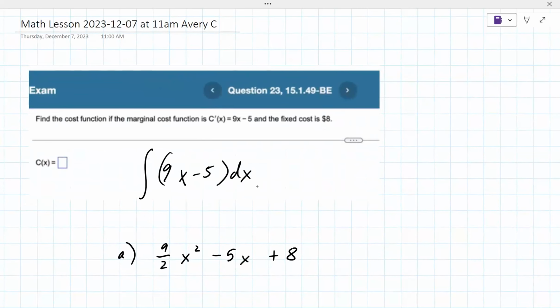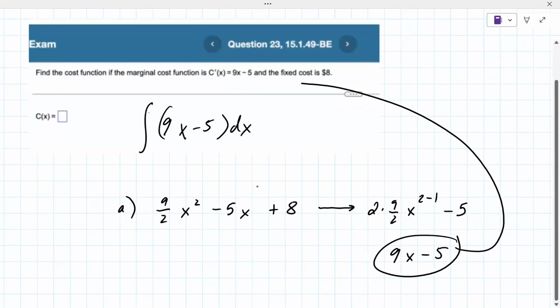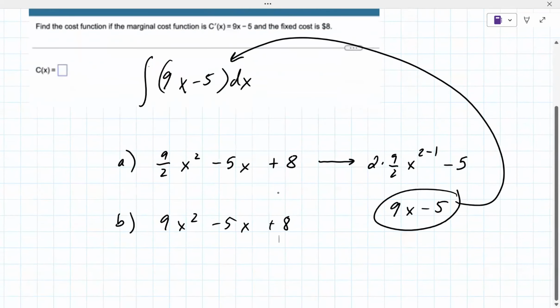If you were to take the derivative of this, which is 2 times 9 over 2 x to the 2 minus 1, minus 5, you would find that this simplifies to 9x minus 5, which is the answer there. That's what I'm referring to when I say take the derivative to find the answer. And b would be like 9x squared minus 5x plus 8, and its derivative would be 18x minus 5.